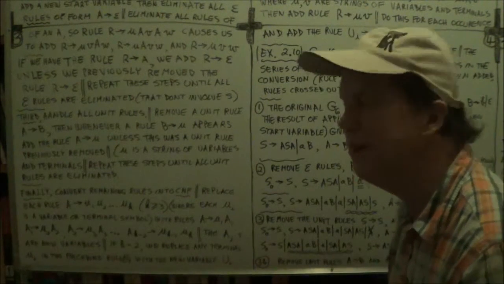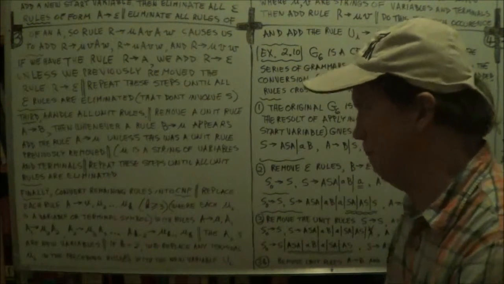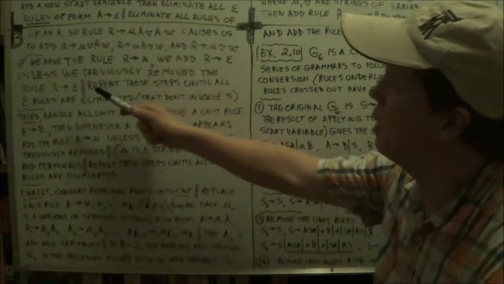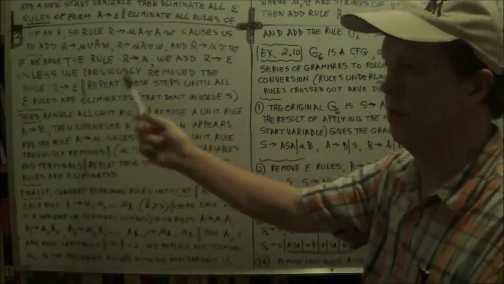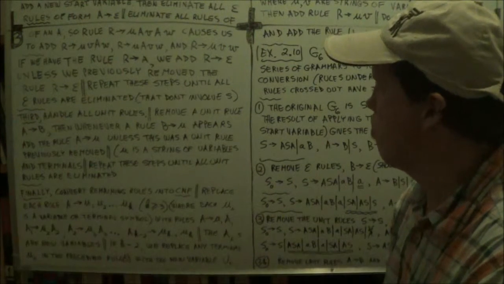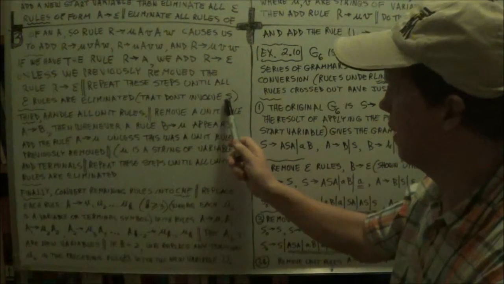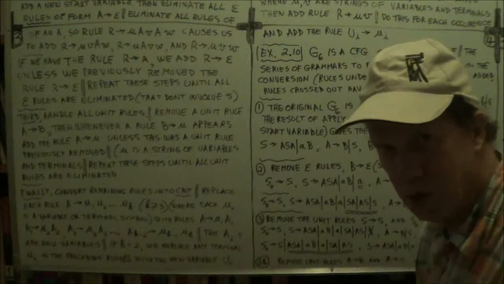Why? Same answer. All right. So you just keep doing that until all your epsilon rules are removed. But don't involve the start state S. That's the start state of your old grammar G.